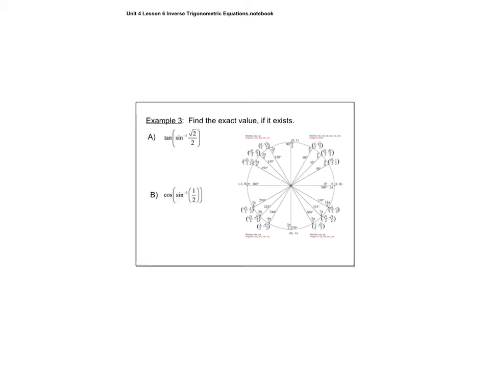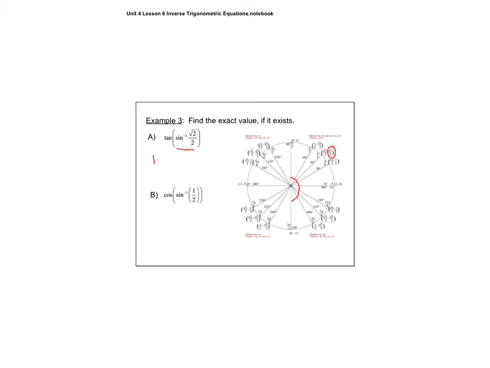All right, so let's work these one step at a time. So the inverse sine of the square root of 2 over 2. So sine is defined in quadrants 1 and 4. So where is your sine the square root of 2 over 2? And it's at π/4.